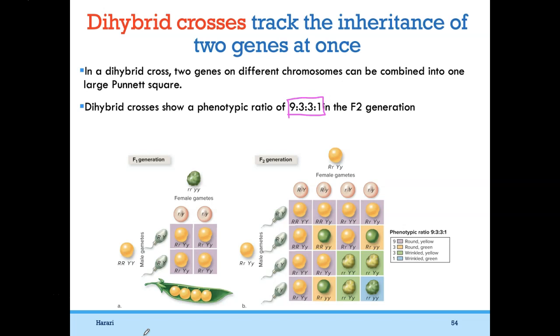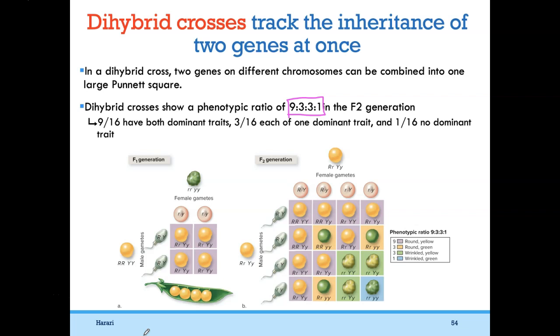That is very, very important. 9 to 3 to 3 to 1 means out of every 16 pea plants, 9/16 will have both dominant traits, will be both round and yellow. Right? That's the 9. 3/16 will have one dominant trait but not the other. So 3/16 will be round and green, 3/16 will be wrinkled and yellow, and then 1/16 will be recessive for both. So 1/16 will be wrinkled and green.